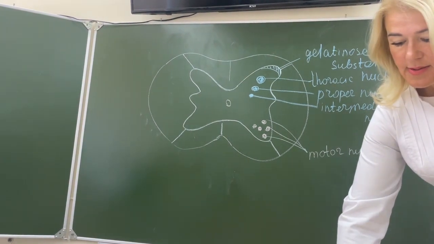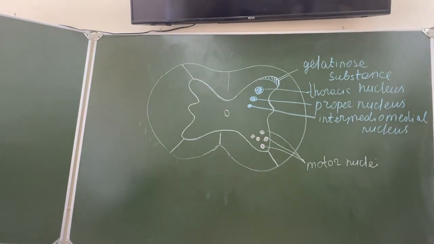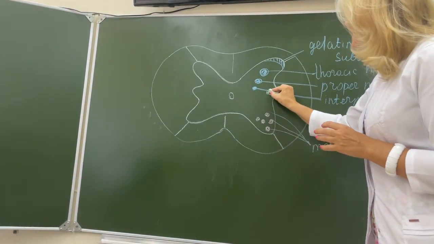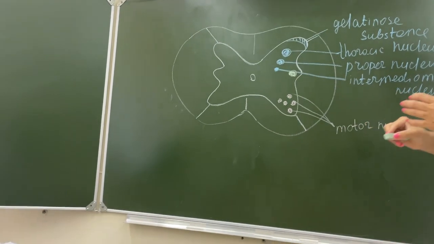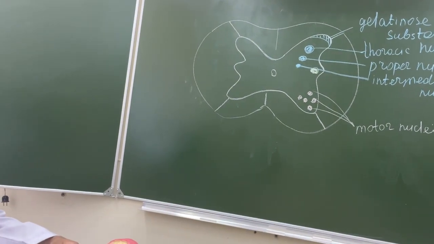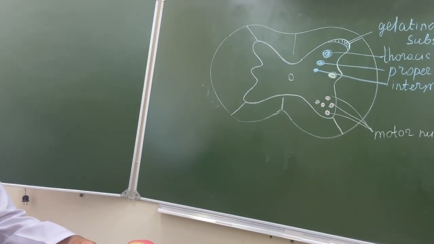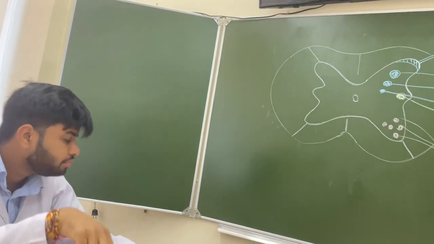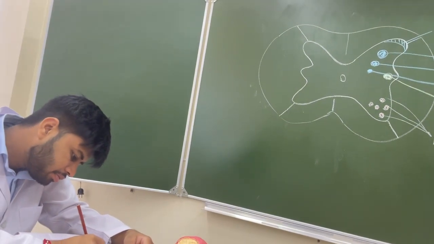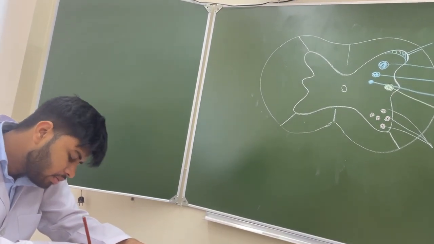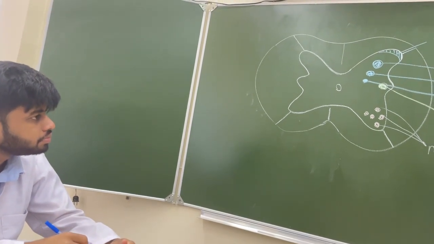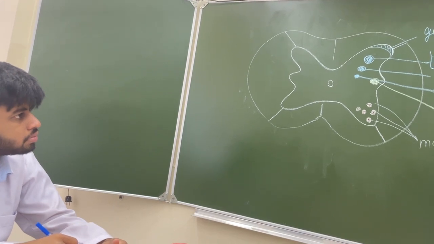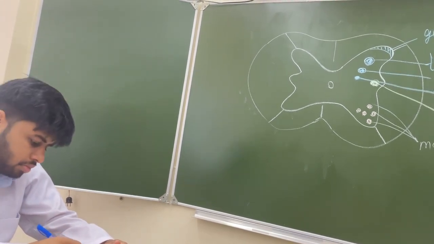They are labeled with green, and the most important one, located in the lateral horn, is called the intermediate lateral column or intermediate lateral nucleus. Intermediate lateral nucleus.